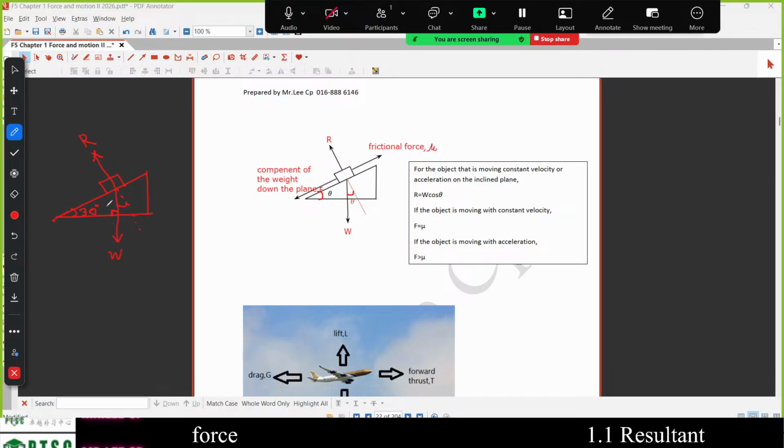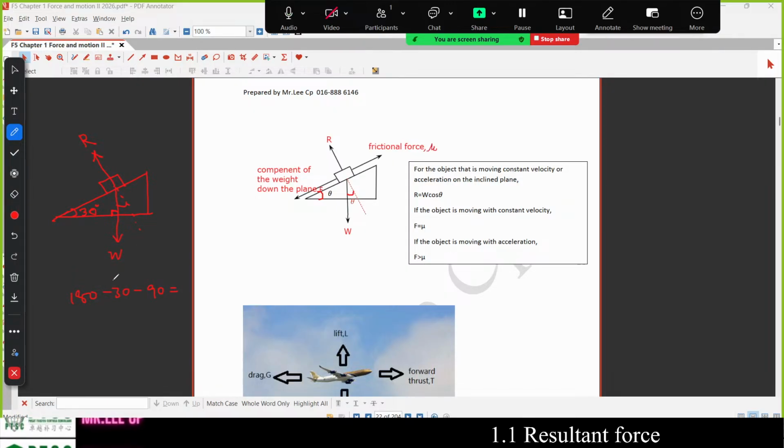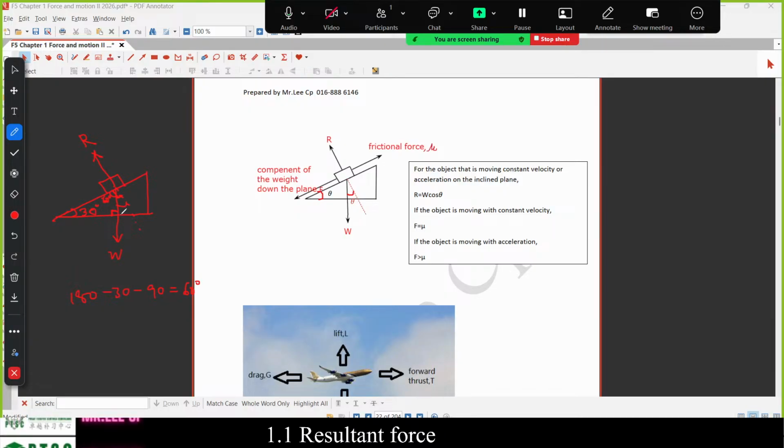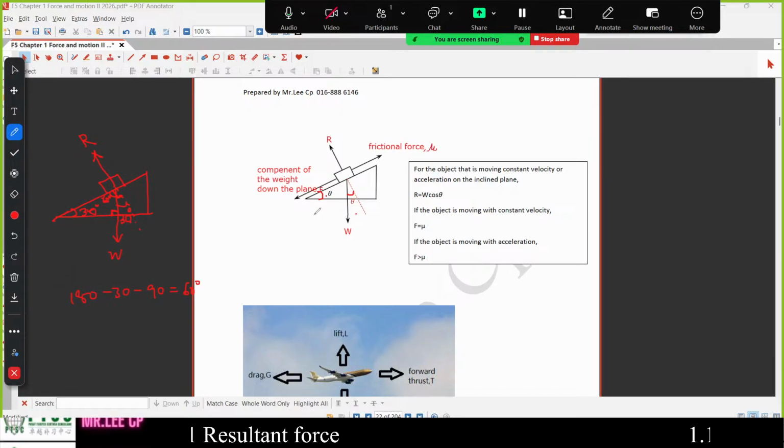Right? 180 minus 30 minus 90. Left 60. Meaning this angle is 60. And then this one, you know it is 90 degrees. So 90 minus 60 left 30. Eh, the same! So lucky it is the same.